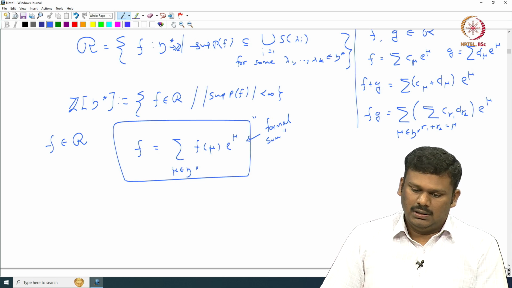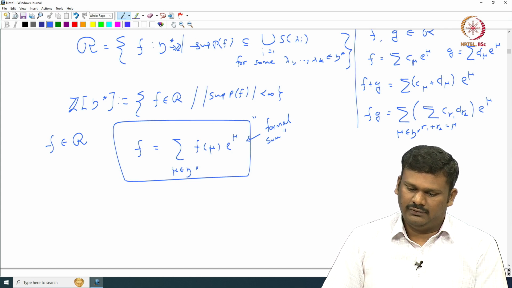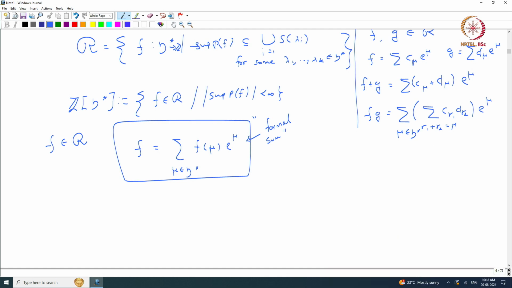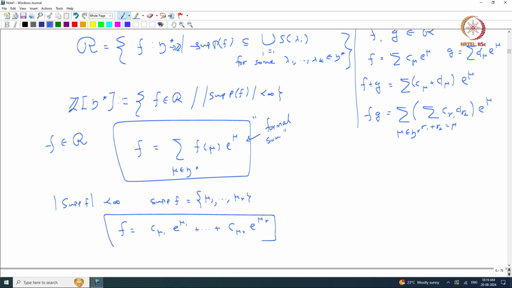So, now if the supports are finite, there is again a very nice way of reinterpreting things. Okay. So, note that if the support of f is finite, and we write the support of f to be, let us say, mu 1 etcetera mu r, then f is nothing but c mu 1 e power mu 1 plus etcetera plus c mu r e power mu r. So, this is how we write.